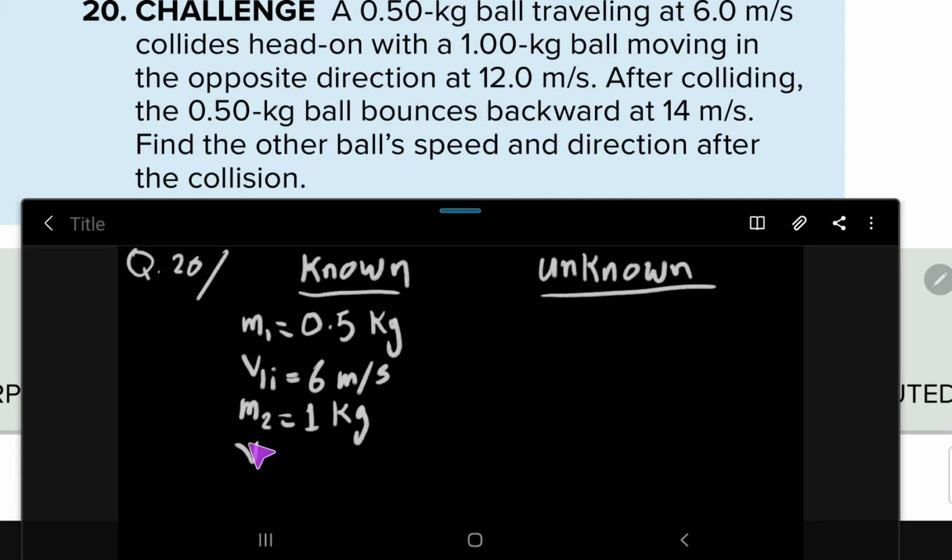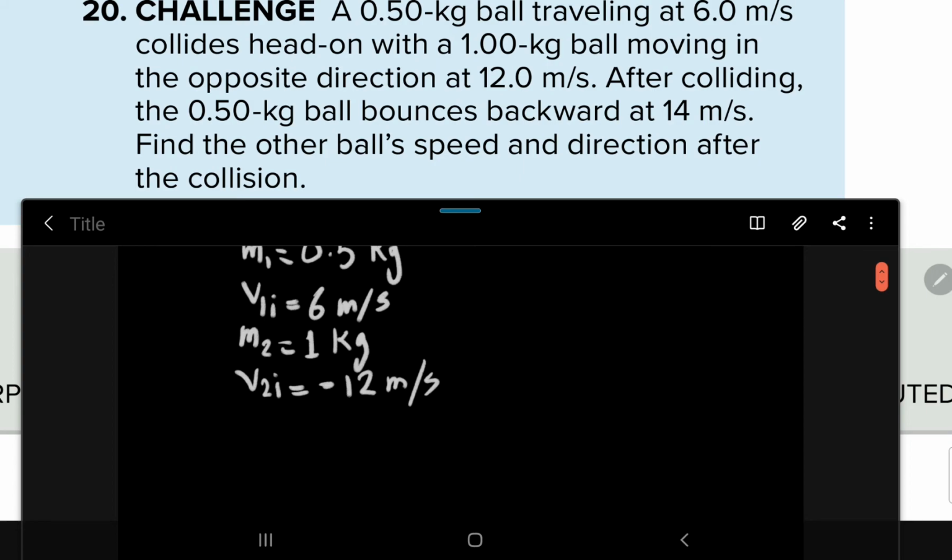So we have the initial velocity for the second one, and because it is in the opposite direction, the velocity will equal minus 12 meter per second. After colliding, the 0.50 kilogram ball bounces backward at 40 meter per second. So we have the final velocity.